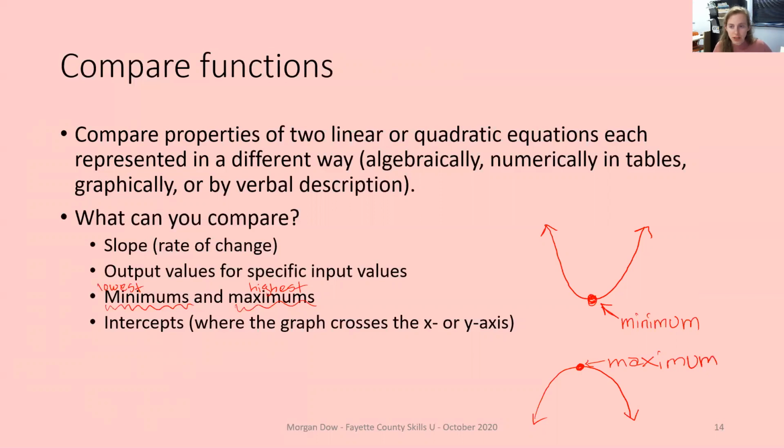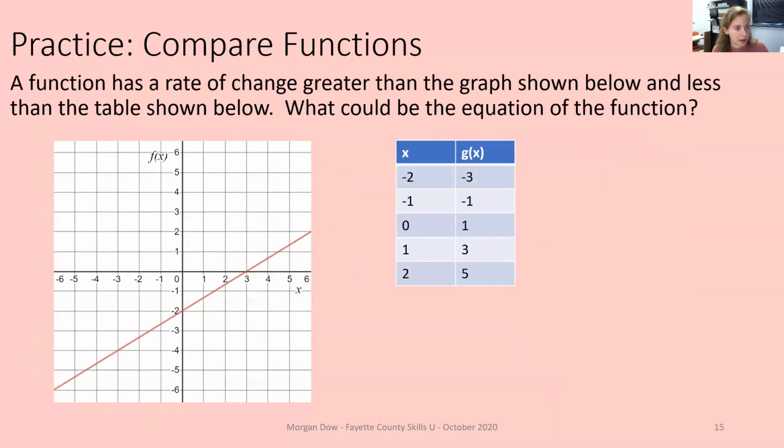So nothing too crazy, right? You would just be looking at a graph and looking at what's the highest point or what's the lowest point. Okay, so let's take a look at some problems where we're comparing functions.